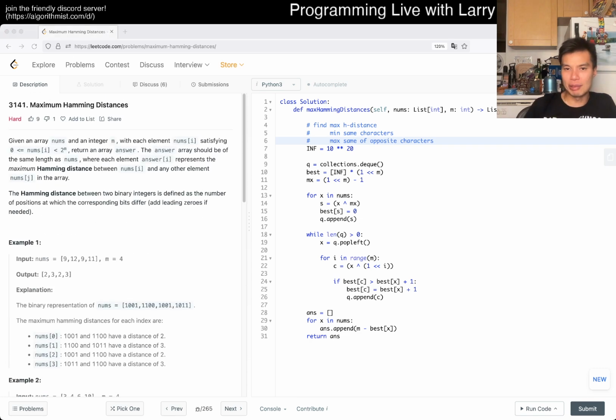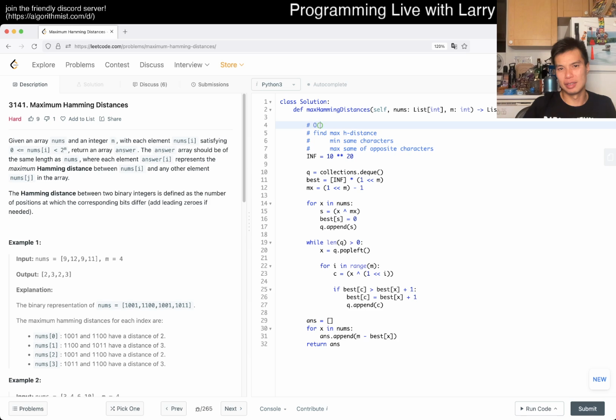Let's go over the complexity really quick, right? It's just going to be, roughly speaking, 2 to the m, or O of n plus 2 to the m, I suppose. Depending on how you want to say 2 to the m, because technically this is not the input size, right?